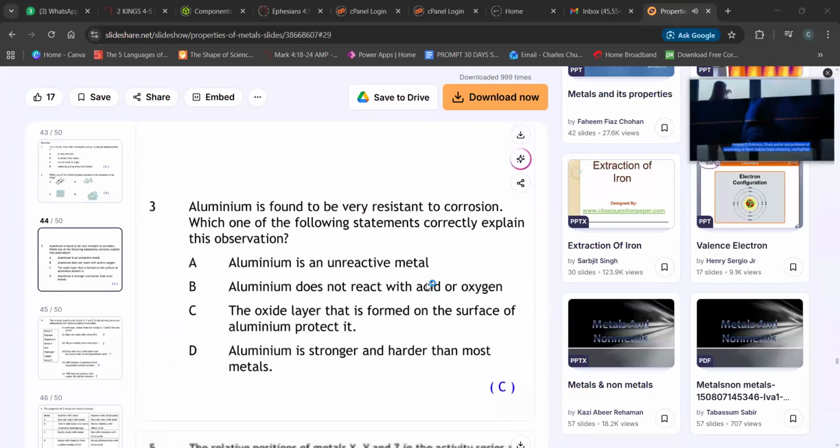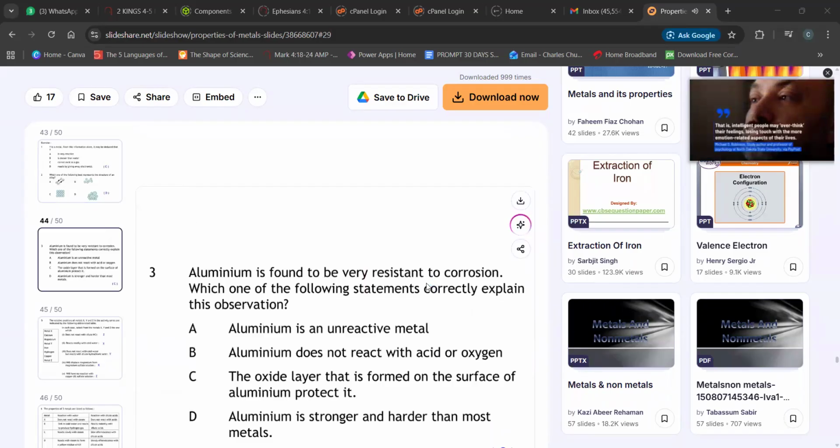Okay, this one says aluminium is found to be very resistant to corrosion. Actually, I'm not sure we have discussed corrosion, but corrosion is formed when something like zinc is exposed to the atmosphere.